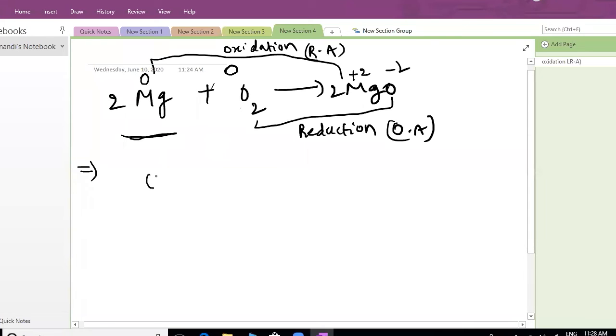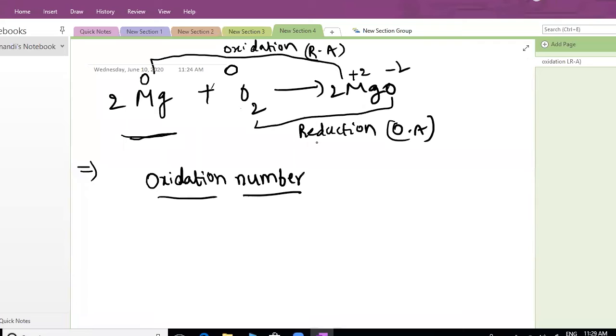Next slide, oxidation number. Oxidation number means for a given element, how many electrons they lost or they can gain. Why are they losing and gaining electrons, sir?